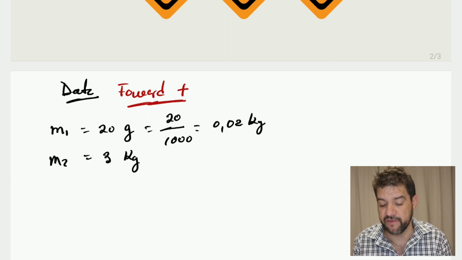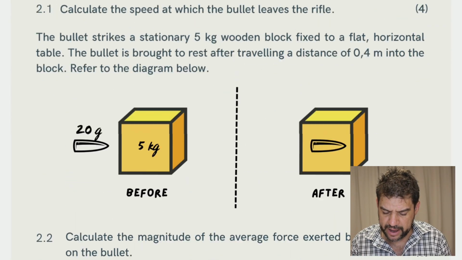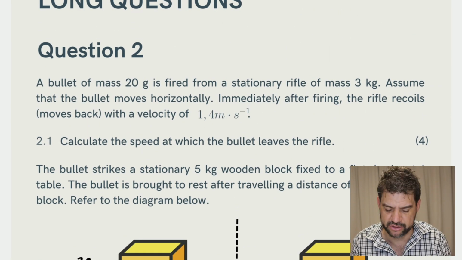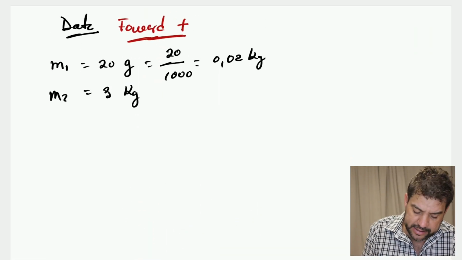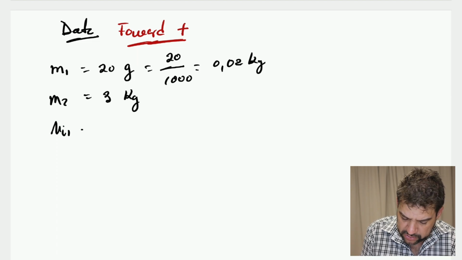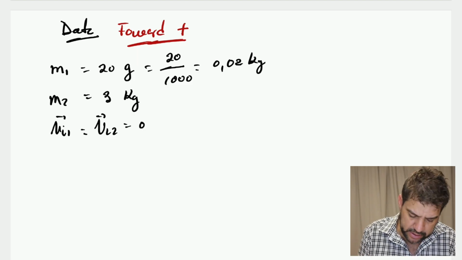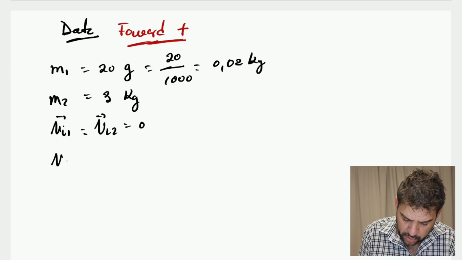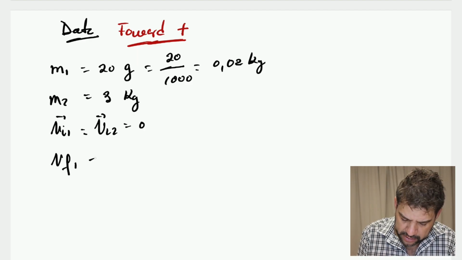Let's go to the velocities that we have in the data. First of all, note that they were at rest. Initially, they were stationary. So the initial velocities of 1 and 2 are equal, and they are 0. Let me write the vector notation: initial velocity 1 is equal to initial velocity 2, which is equal to 0. Now, the final velocity 1, that is the velocity of the bullet, is what we are looking for.